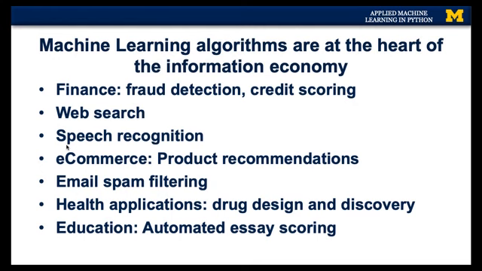So machine learning algorithms are at the heart of the information economy. Machine learning algorithms are used in finance. For example, machine learning algorithms are used for fraud detection or credit scoring. Machine learning algorithms can be used for web searches or speech recognition, or they can be used for e-commerce websites like product recommendation.